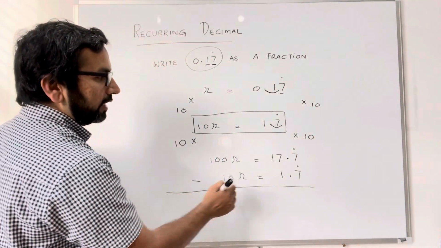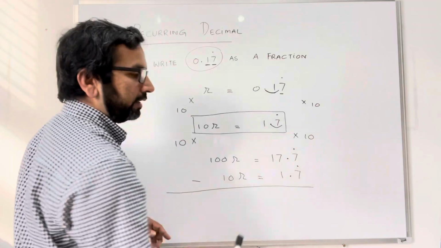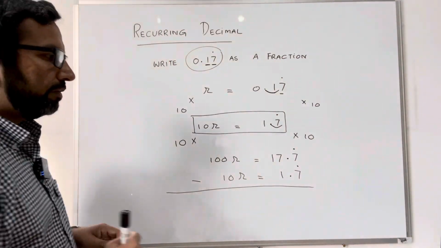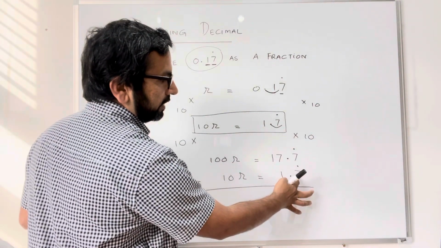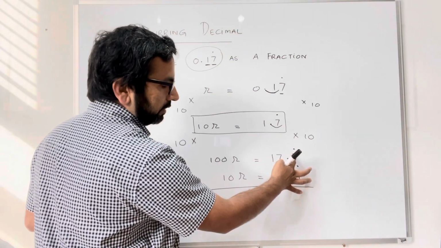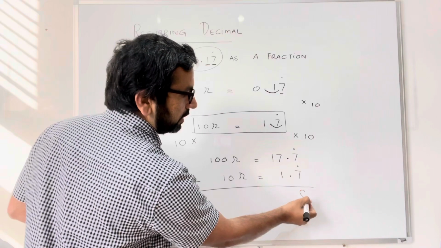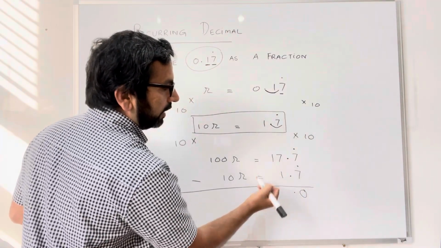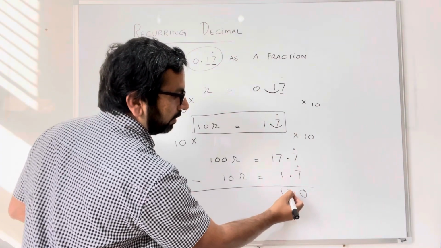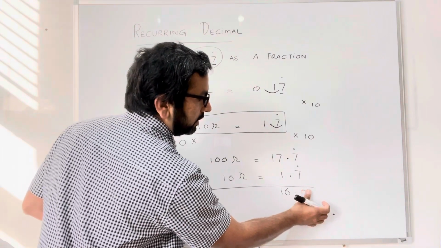You can see that our decimal part is now equal, so if you take away 7 and the recurring 7, it's gonna be 0, and 1 taken away from 17 is gonna be 16.